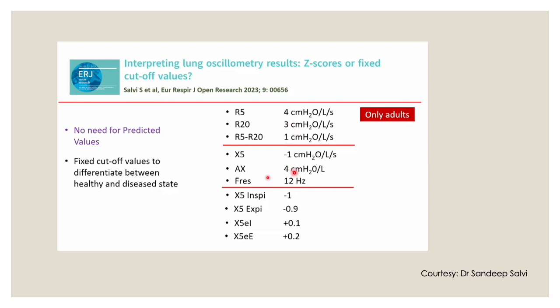Remember, these readings are in centimeter water per liter per second. There may be some oscillometric devices which give a reading in kilopascals, and in that case you may have to divide this by 10. So an R5 of 4 in centimeters water may correspond to a result of 0.4 in machines which are giving you readings in kilopascals.